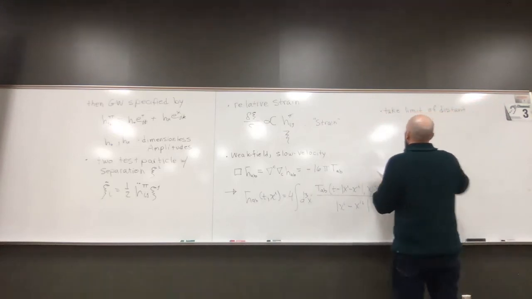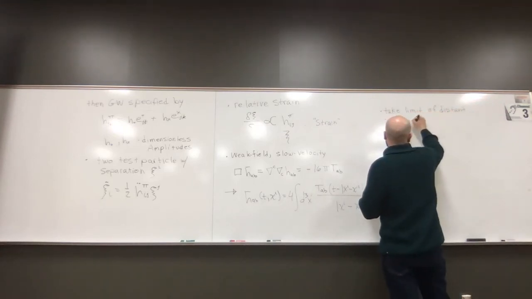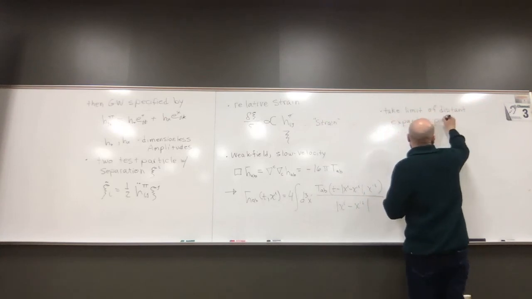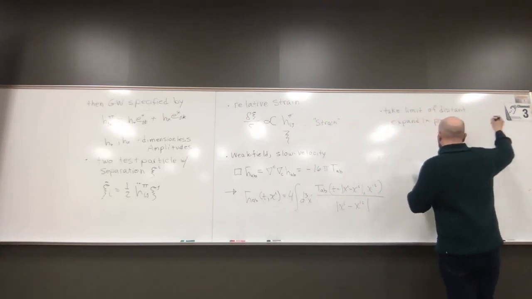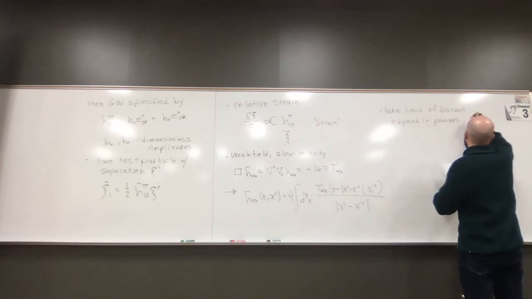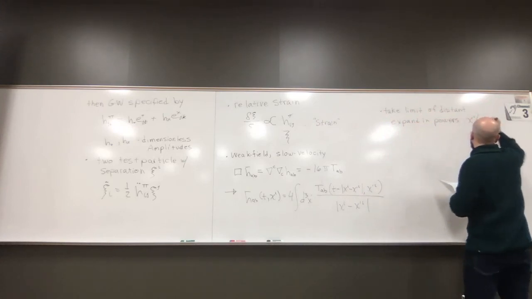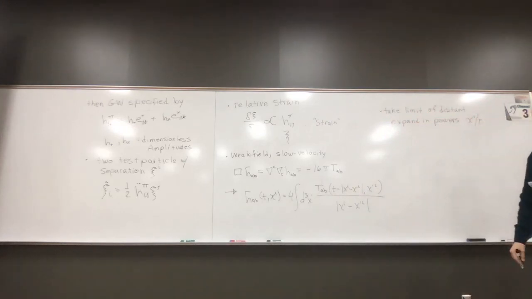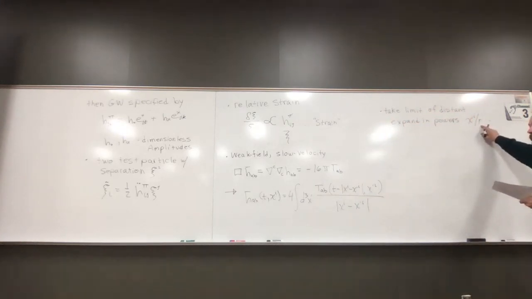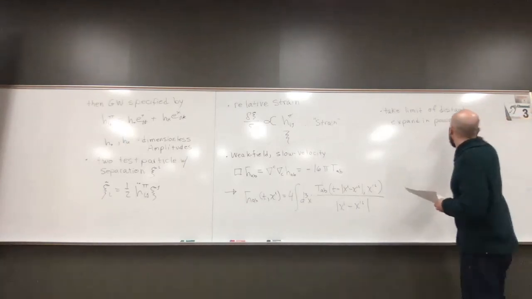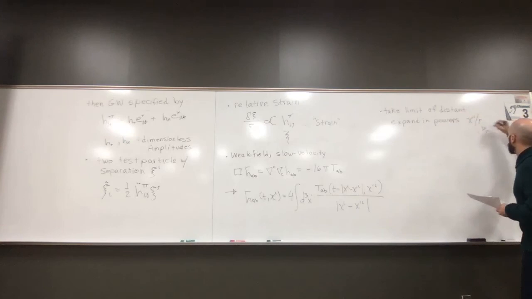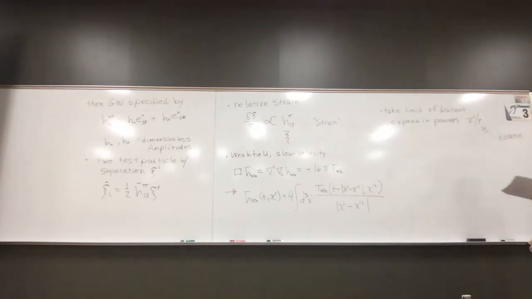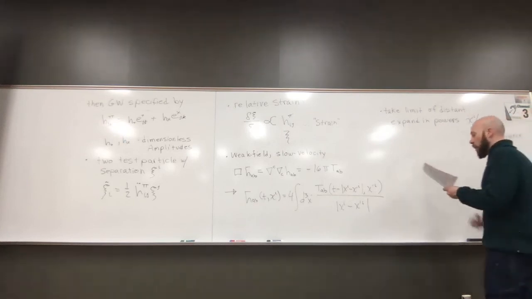In that case, I can expand the integral in powers. We're just going to do a Taylor series expansion of x prime i over r, because that gets very small for very large r, which is my distance. R is the distance to the source. So in that case, that's a small quantity.